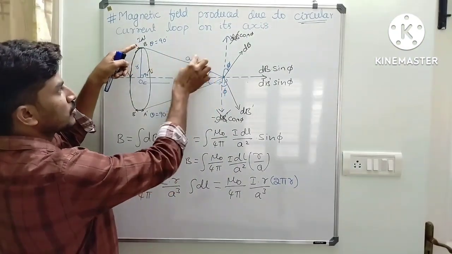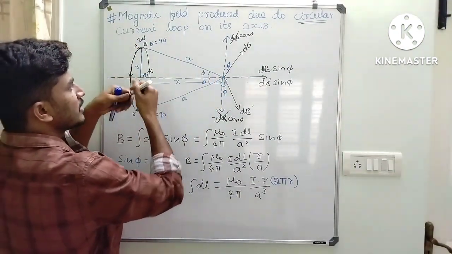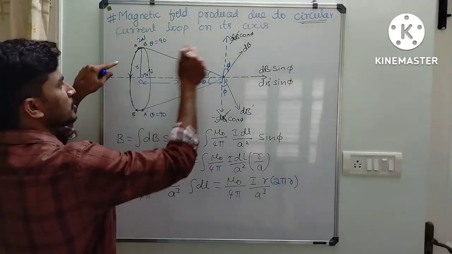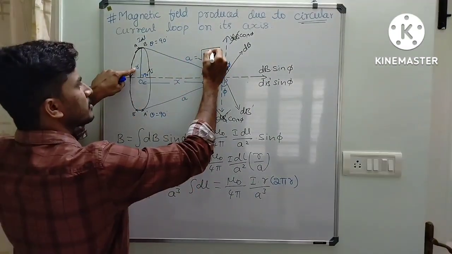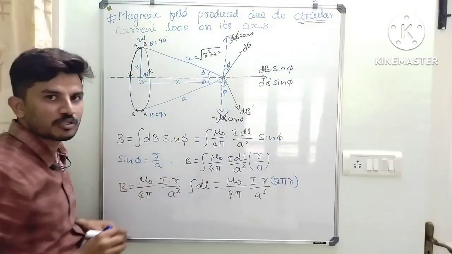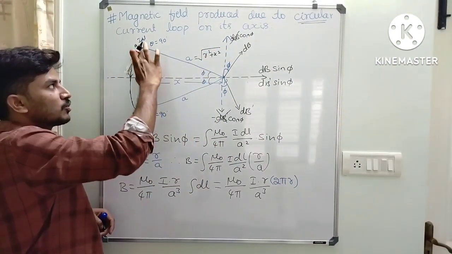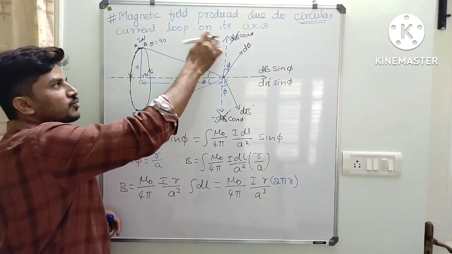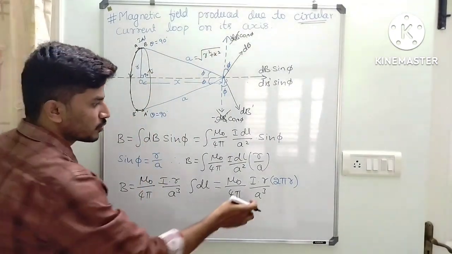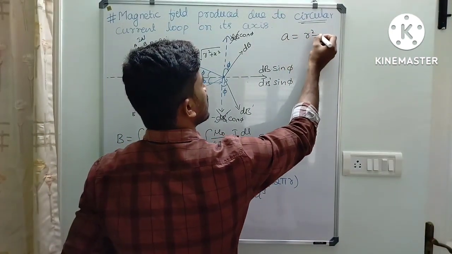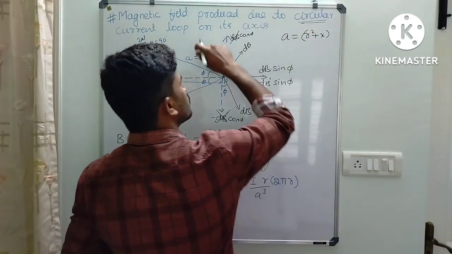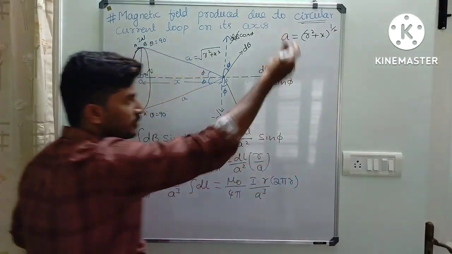Okay, so that's it. Now if you consider the a value, what is a? This length. So can I write a is equal to the square root of r square plus x square? From Pythagoras theorem, the hypotenuse square is equal to this square plus this square, and if you take the square root of this side, it will become the square root. So there I can substitute here. So the a value is r square plus x square, to the power 1 by 2. Let me substitute that here.